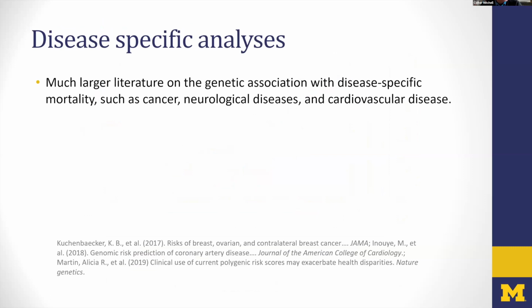The other thing to know is that even bigger than lifespan or mortality analyses, there's a huge number of studies related to specific disease analyses, whether it's just getting the disease or mortality from that disease. So much more related to, say, cancer or neurological diseases like AD or cardiovascular diseases.